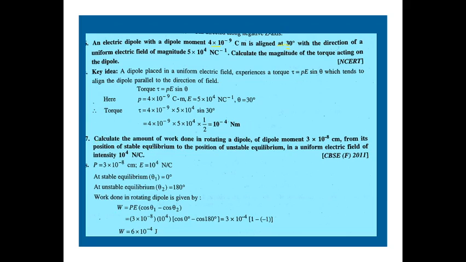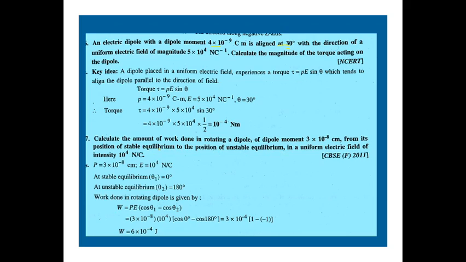Another question: calculate the amount of work done in rotating a dipole of dipole moment 3 into 10 raised to minus 8 coulomb meter from the position of stable equilibrium to the position of unstable equilibrium.